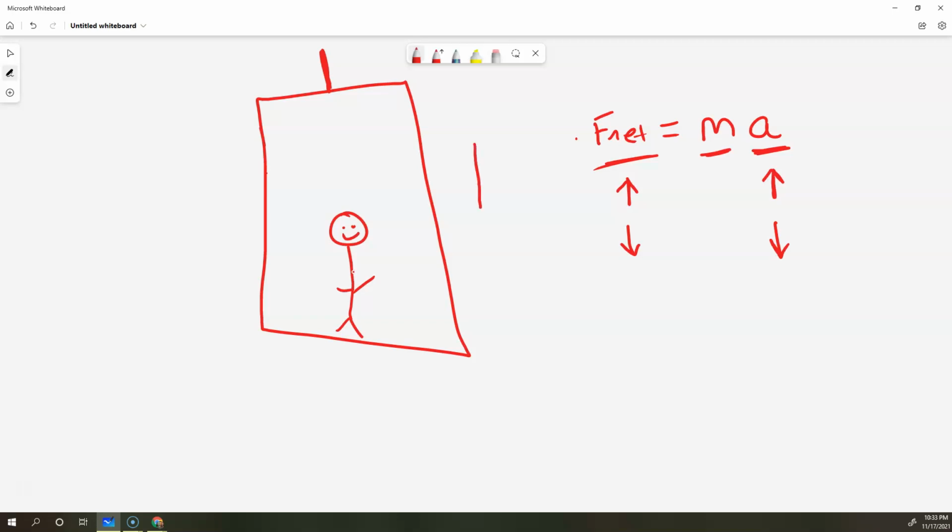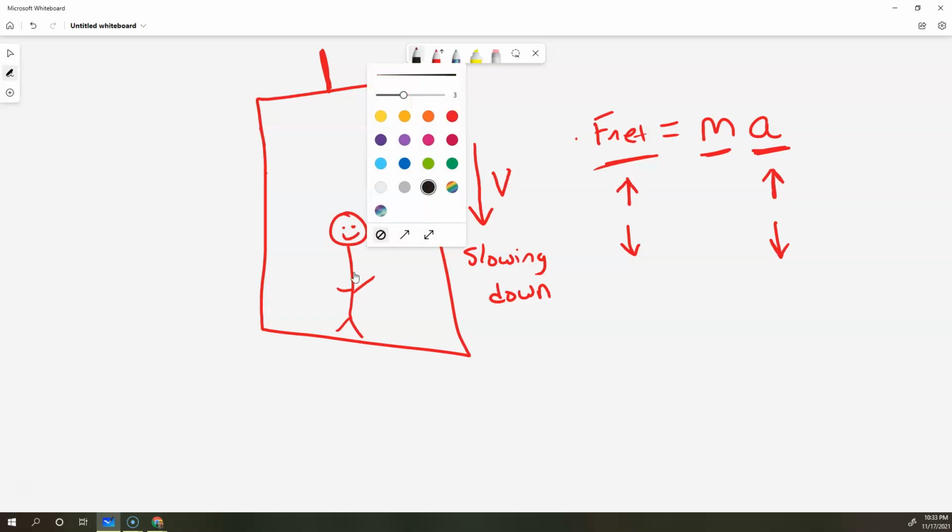Let's say you are moving down and you are slowing down. What does it mean to slow down? It means to go less fast. If you are not going as fast anymore, then your velocity became smaller. Your velocity was big and now it's small.